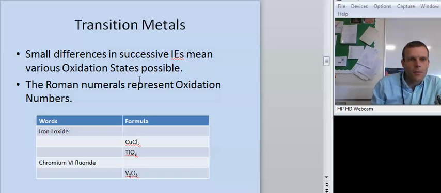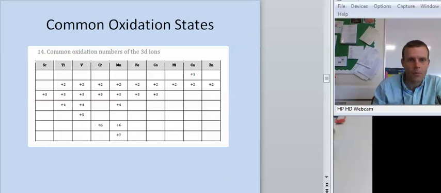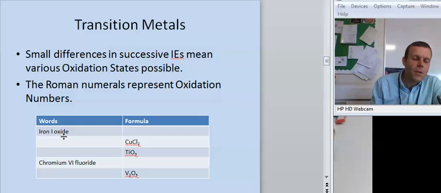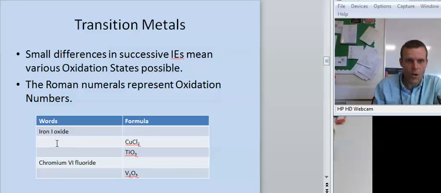Transition metals. Now, something unusual about them, which helps them act as good catalysts, is that they can show a variety of oxidation states. And you can see a list of common oxidation states in your data booklet. But it means that to help people understand which oxidation state we're referring to, we use these Roman numerals.